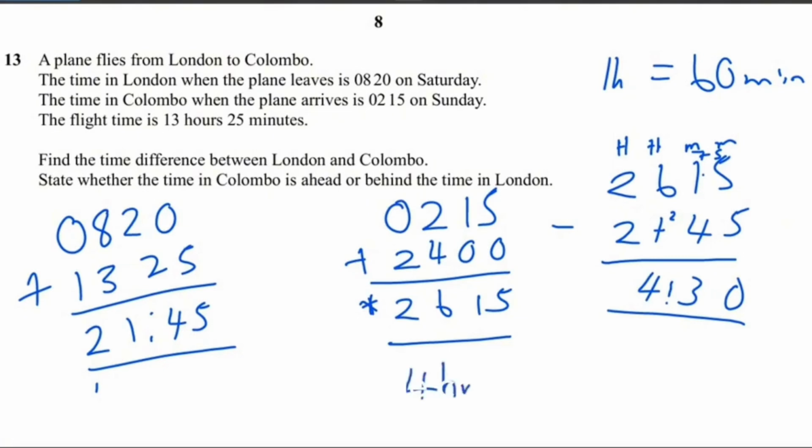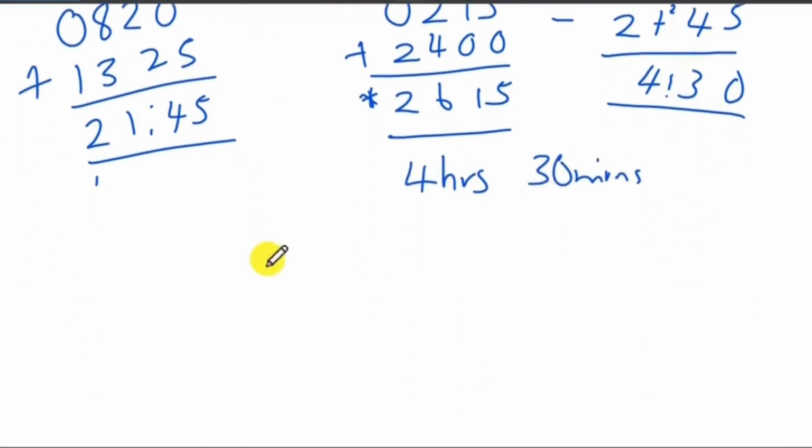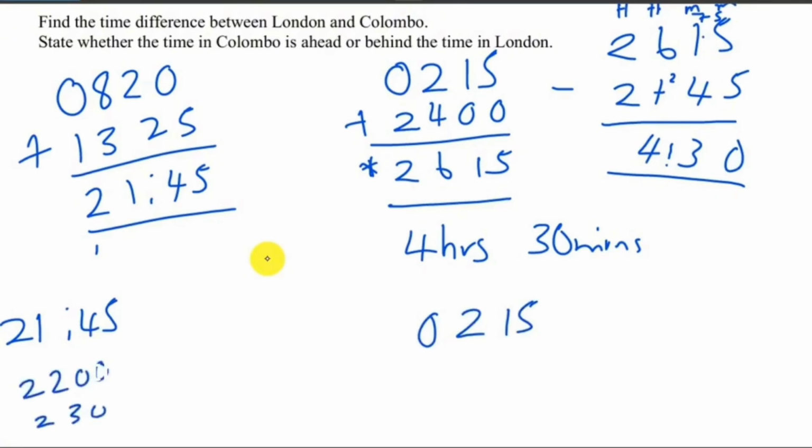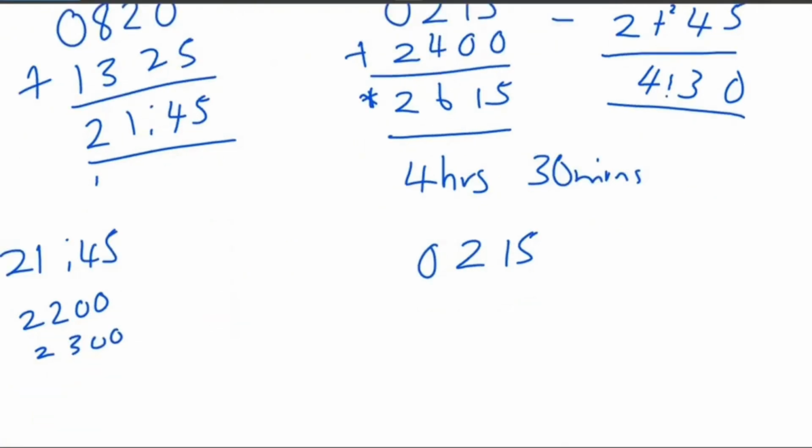You can also use the counting method which I was talking about. How do you use that one? The plane is supposed to arrive at 21:45, but arrives later at 02:15. So you need to count. You can find the difference between this and the nearest hour, until 2200, then until 2300, then 2400, and then add this 2 hours 15.